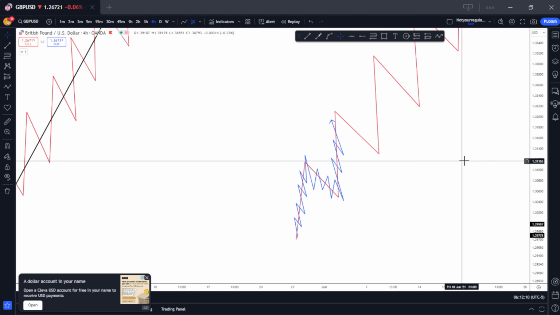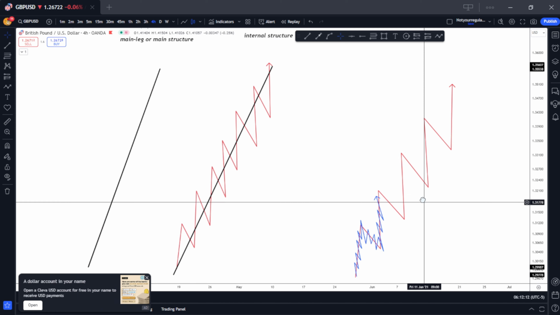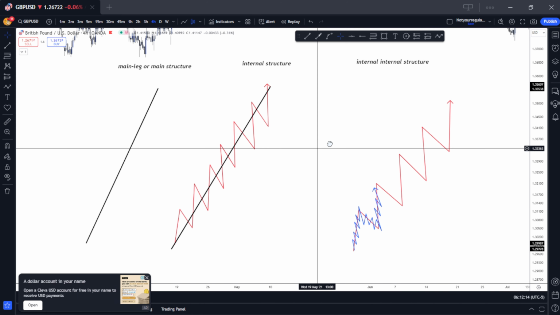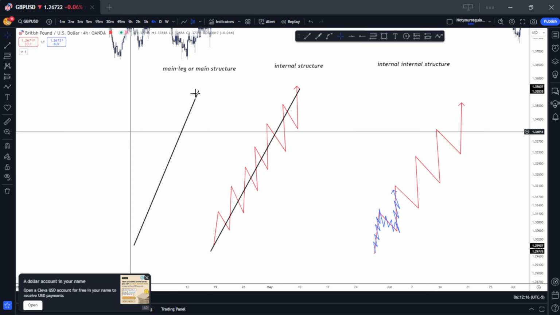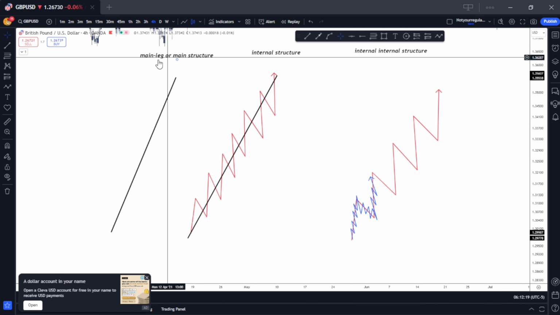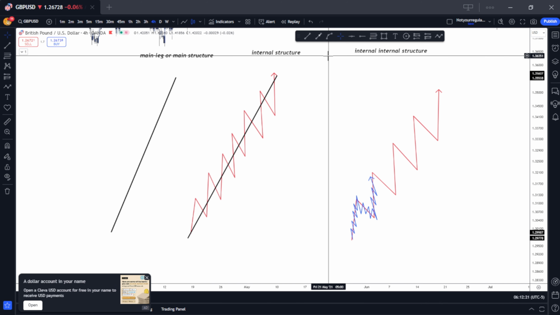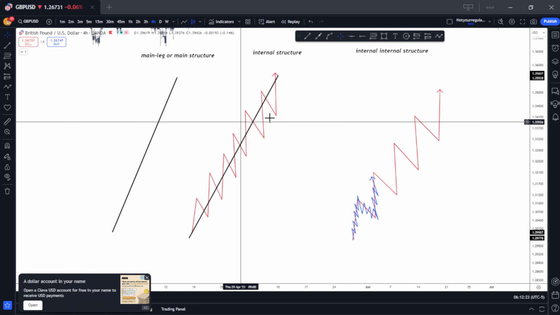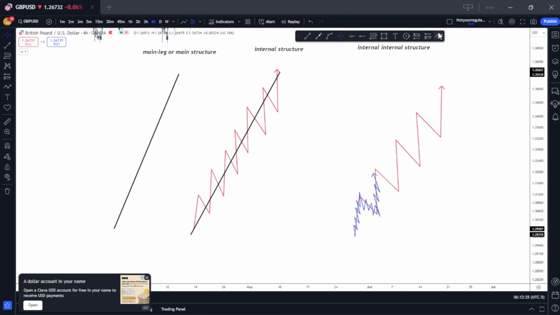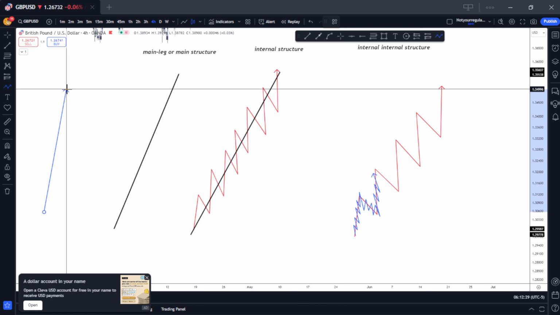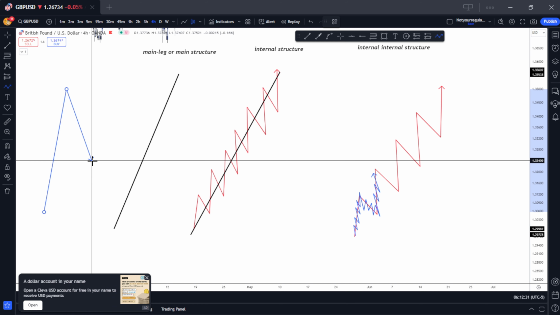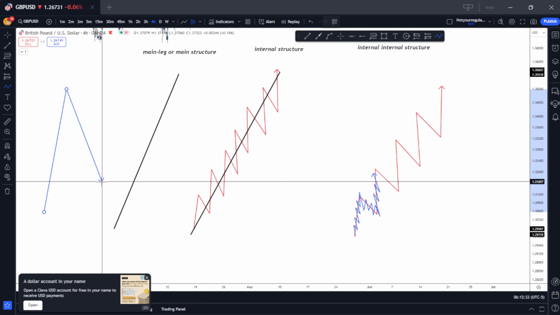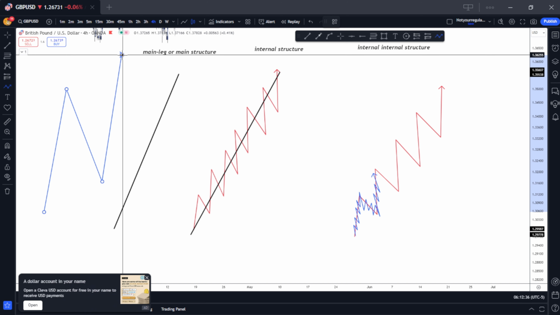Okay, so let me zoom out and try and explain this real. So we have our main leg or our main structure, and we have our internal structure. So what is our main leg? Our main leg is this higher high and this higher low.